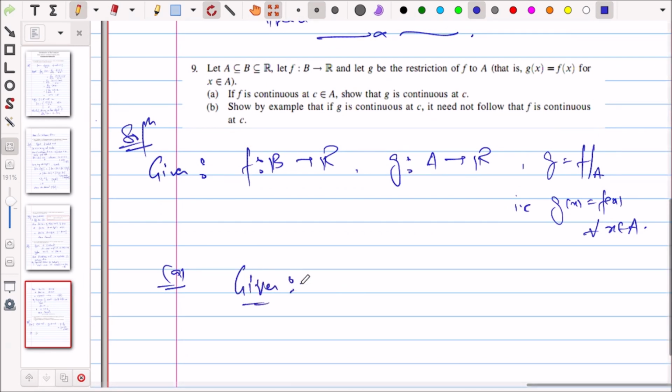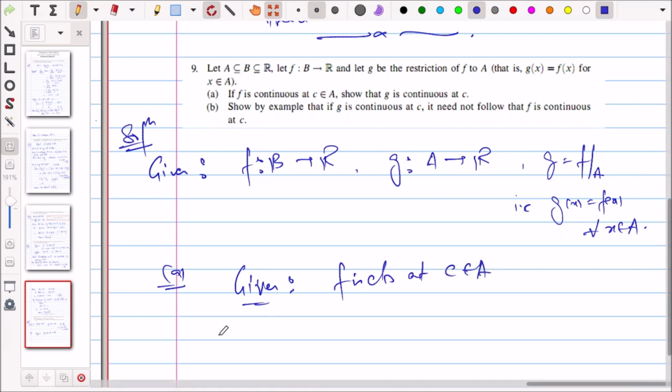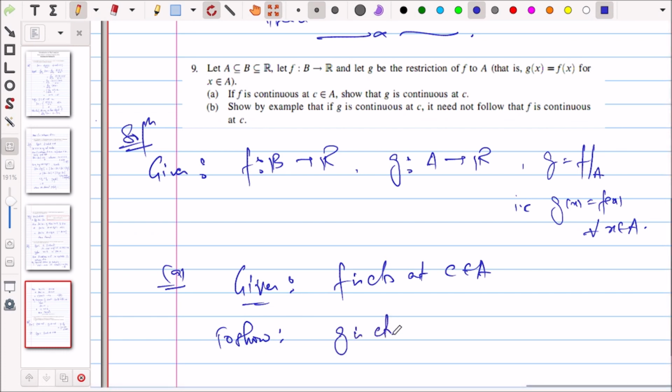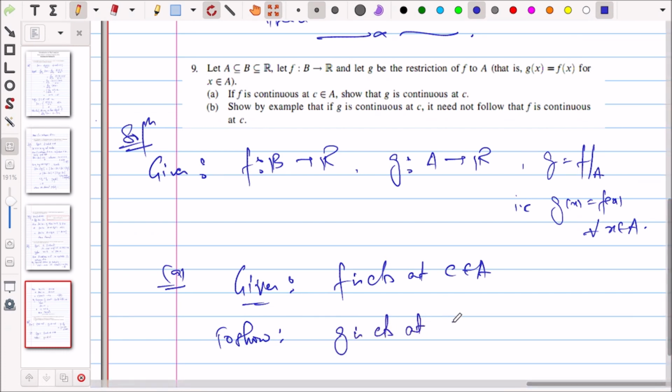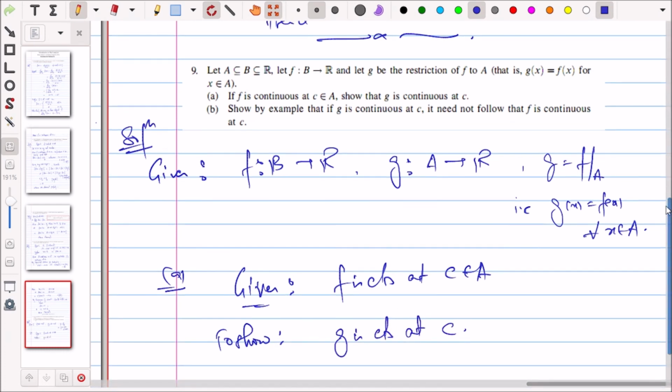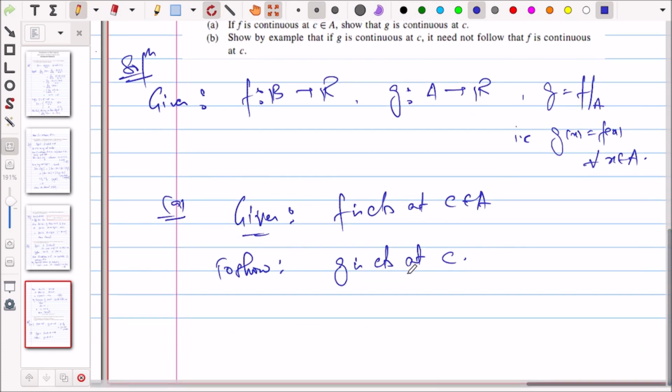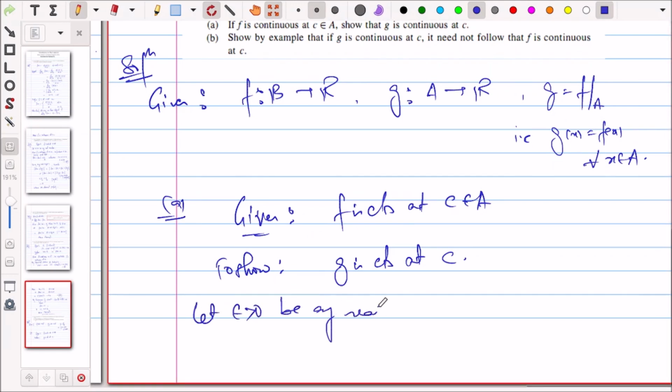Given F is continuous at c belonging to A, to show G is continuous at c, we have to use the epsilon-delta definition. So we have to choose an arbitrary epsilon. Let epsilon greater than 0 be any real number.